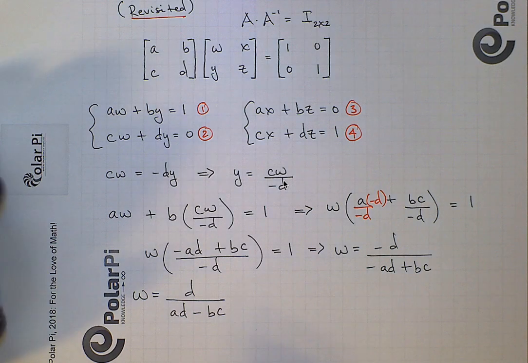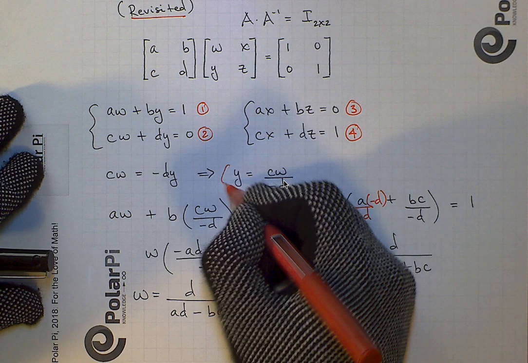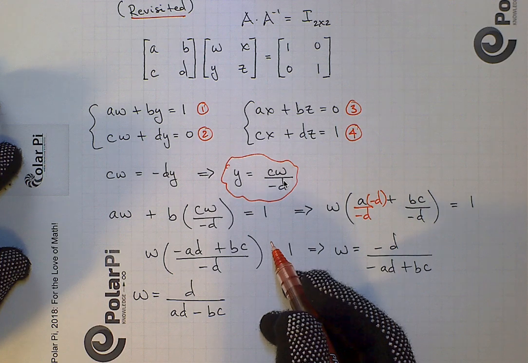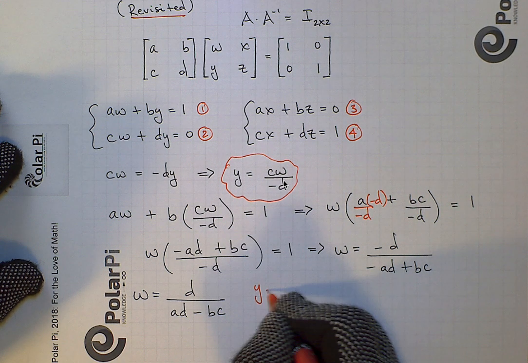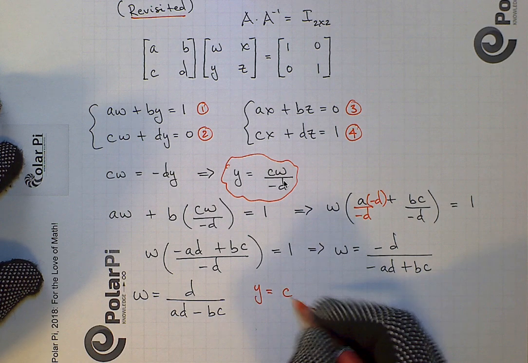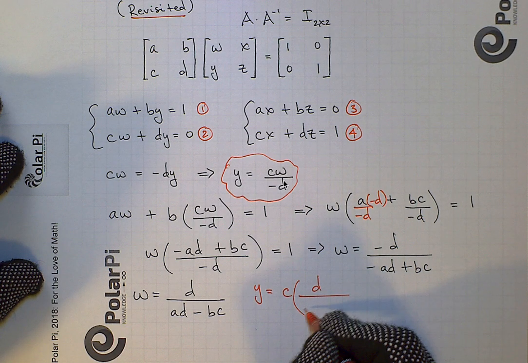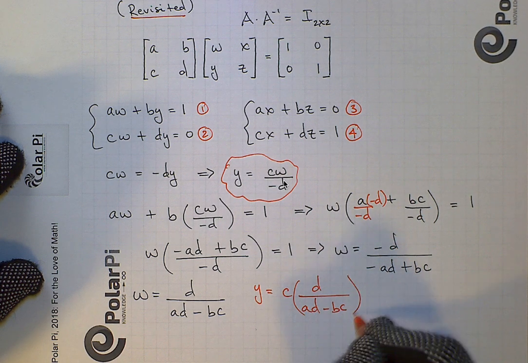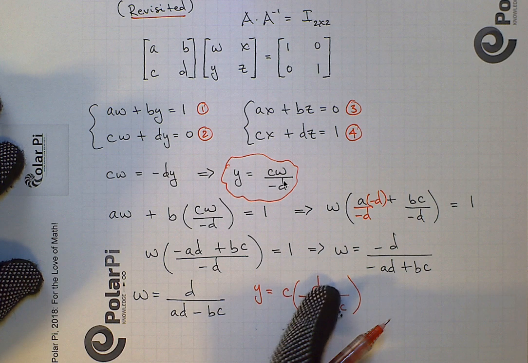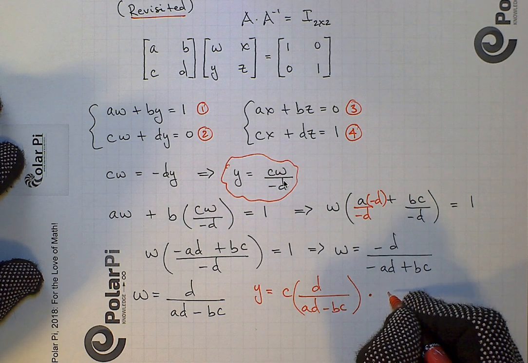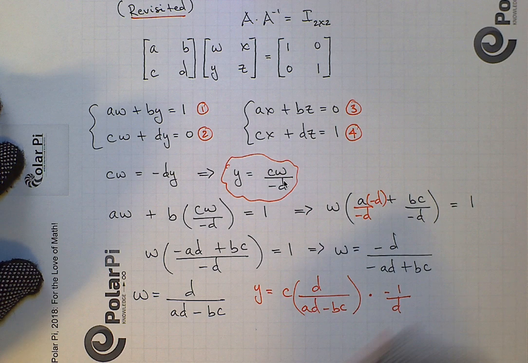So you see that this works, and now I guess I just have Y left to solve for, and I'll be done. Since Y is equal to CW divided by negative D, and we just figured out what W is, Y is equal to C times W, which is D divided by AD minus BC, and I need to divide it by negative D. I'll write that as multiplying by negative 1 over D, and look at what happens.